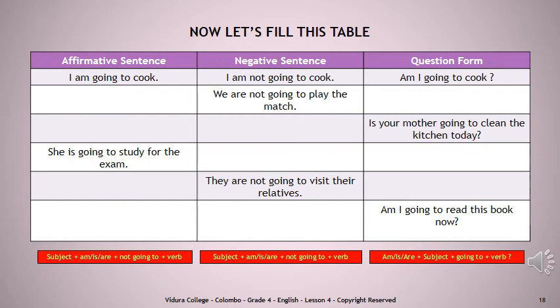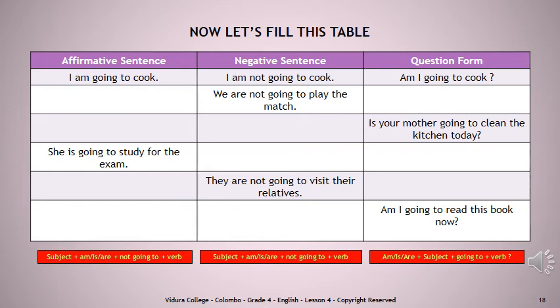Okay, shall we try out the first one? I am going to cook. Okay, can you tell me what is the negative sentence of that affirmative sentence? Yes. I am not going to cook. Okay, tell me what is the question form of that affirmative sentence?